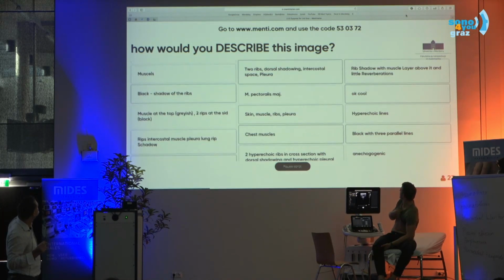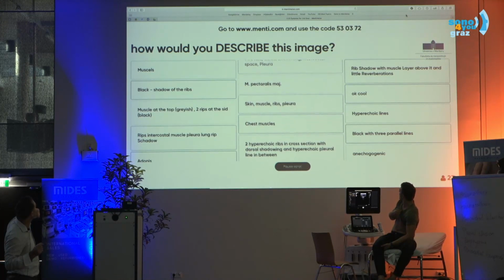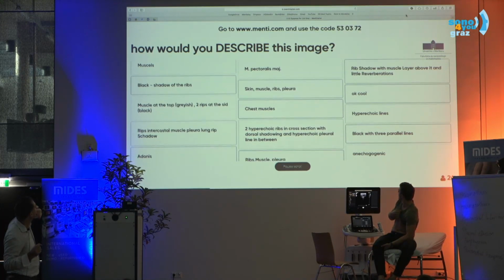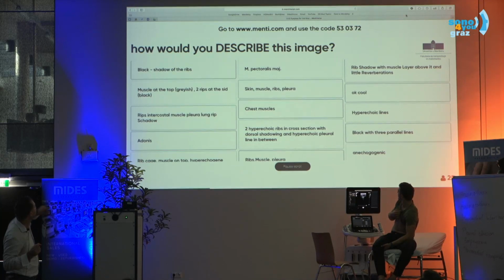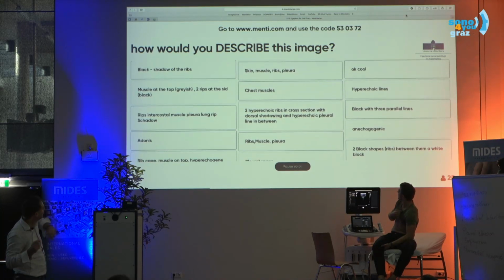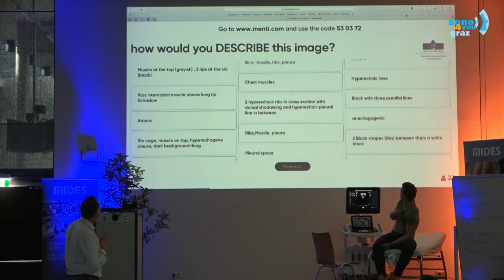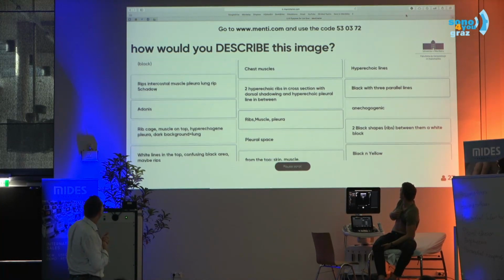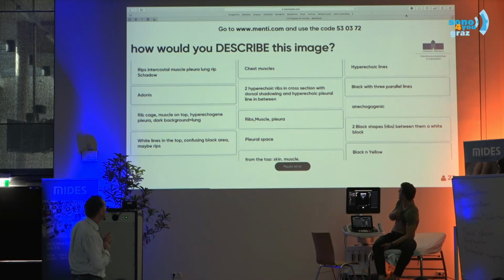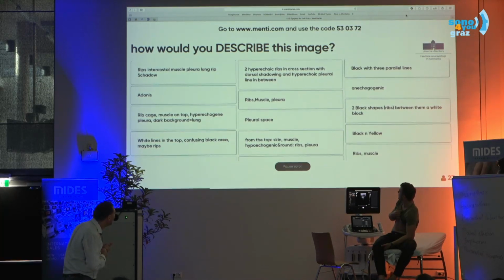Ribs, intercostal muscle, pleural lung. Hyperechoic, chest muscles, rib, pleural space, black and yellow.